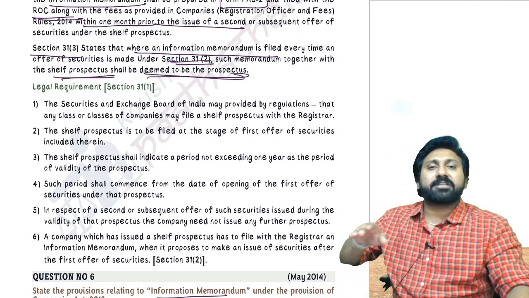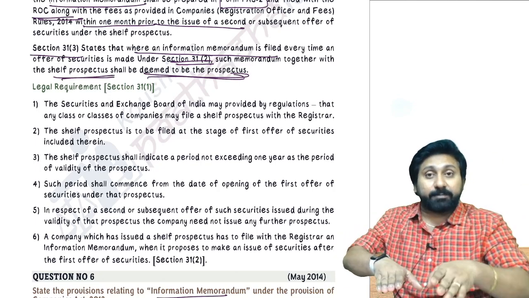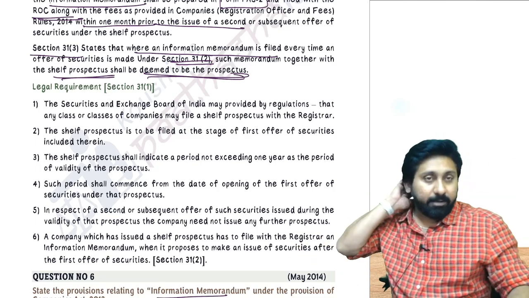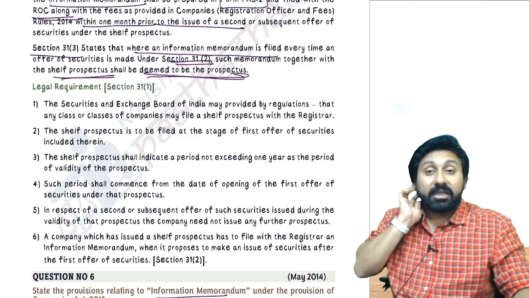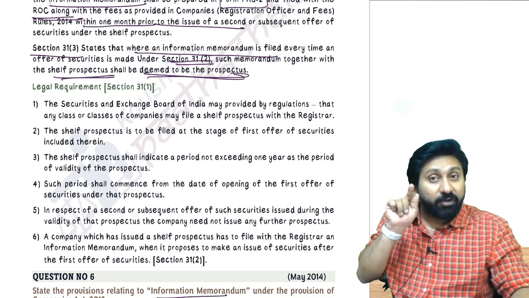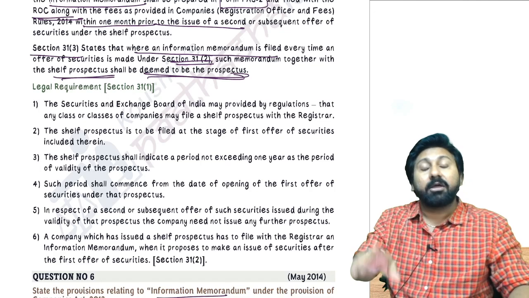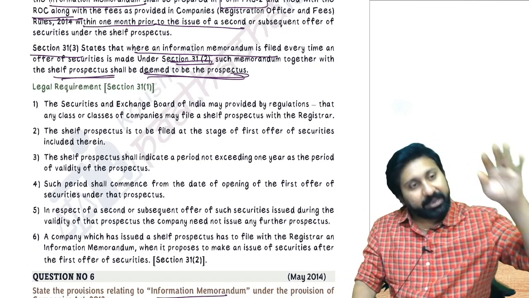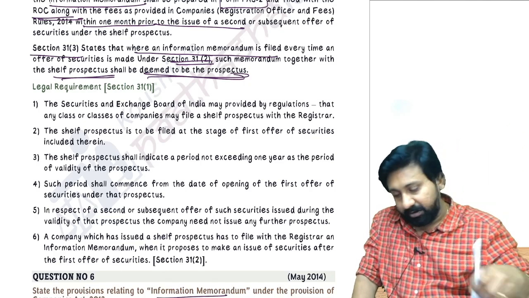Means the information memorandum plus the shelf prospectus already issued for the first time, both together will be treated as a prospectus. What do you mean by that? If in the information memorandum you put any wrong information, for that also the misstatement of prospectus punishment will apply.